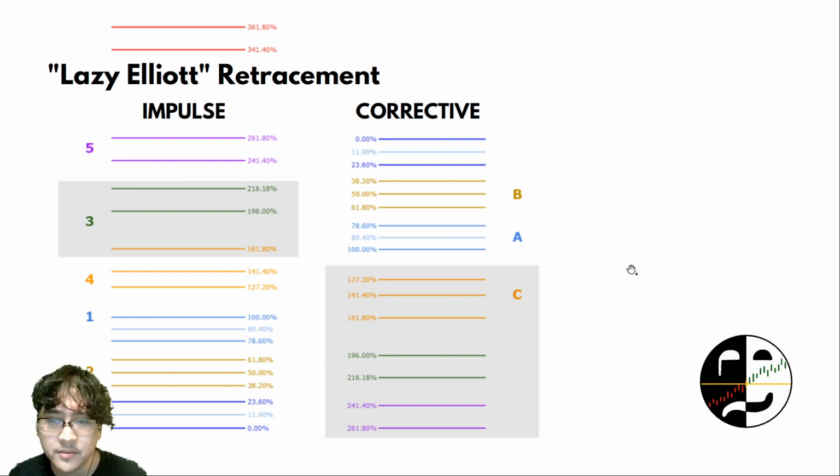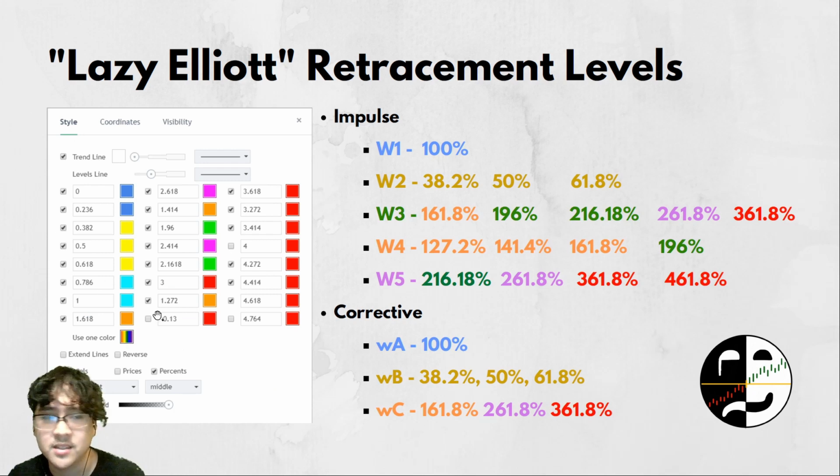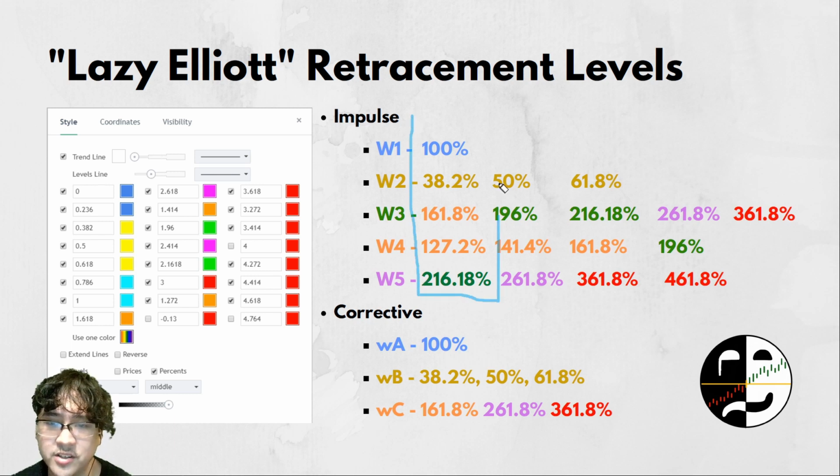So next slide, we're gonna show you how to set this up. You just use this. Open your TradingView or Investagrams if you're trading in the Philippines. So just open up the Fib retracement and then put these levels. And I organized the levels in such a way na madali niya siya ma-memorize with the respective color coding.